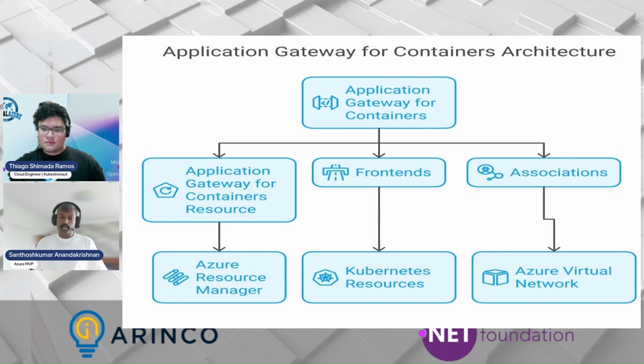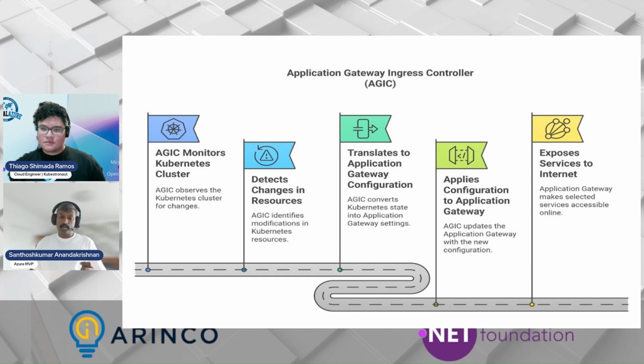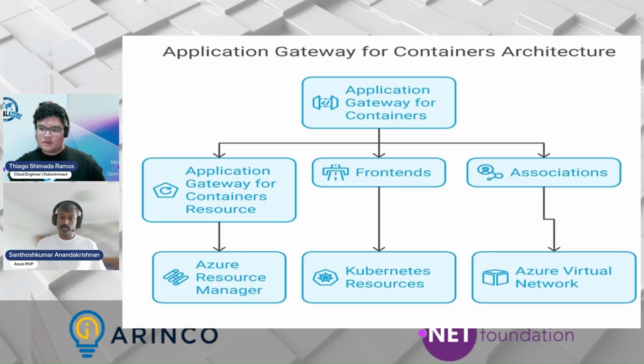Next is the container frontend. The frontend resource is a child resource within Application Gateway for Containers, the parent resource. An Application Gateway for Containers association is a child resource within AGC that has a one-to-one mapping to the virtual network.